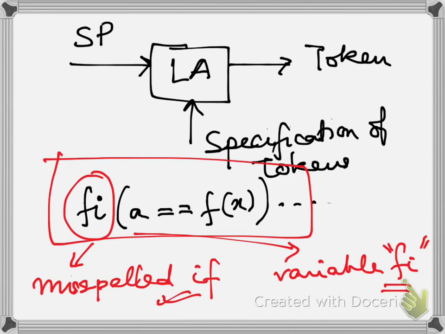But actually this is a syntax error, so the lexical analyzer cannot catch errors like this. It will hand this over to the syntax analyzer, or the parser, the next phase of compilation. The parser will detect this error because it will not match the syntax, the grammatical structure of the sentence. So this type of error the lexical analyzer leaves to the other phases to handle.